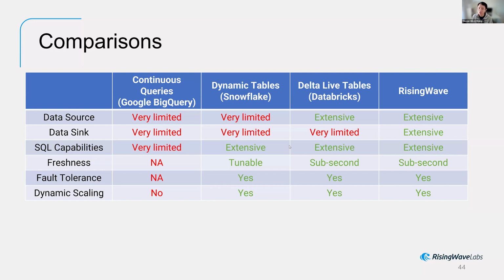But for Snowflake, as I just mentioned, because everything is tunable, it's more like batch refresh, and essentially I think that's super similar to the materialized views in Redshift.